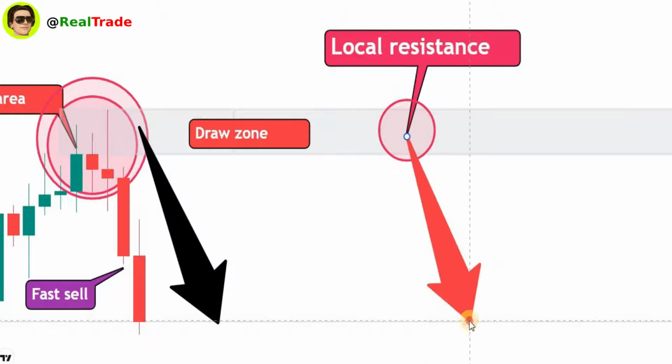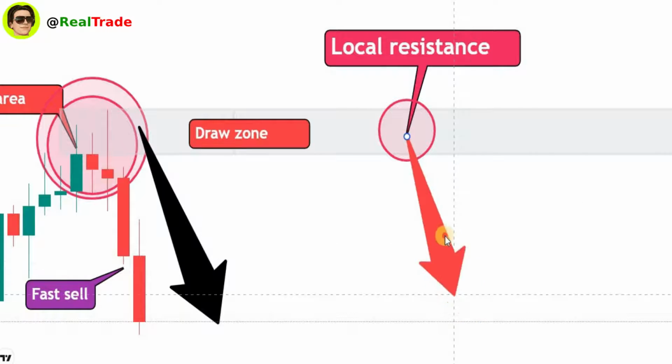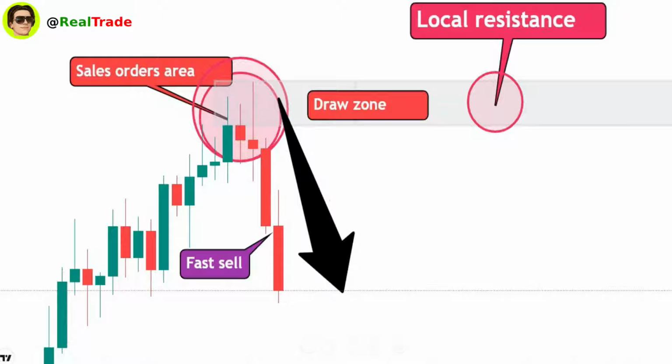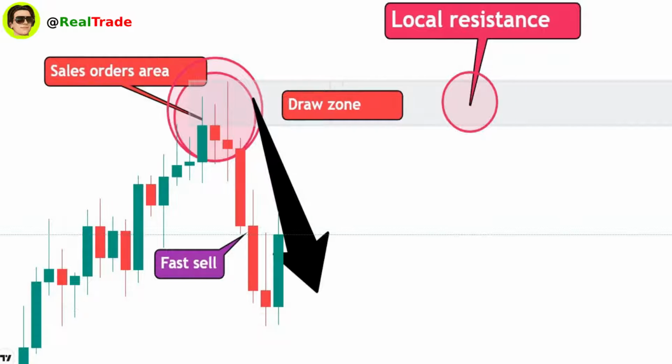Focus on the chart, please. This area, price go sell. This area, on the zone, on the local zone.